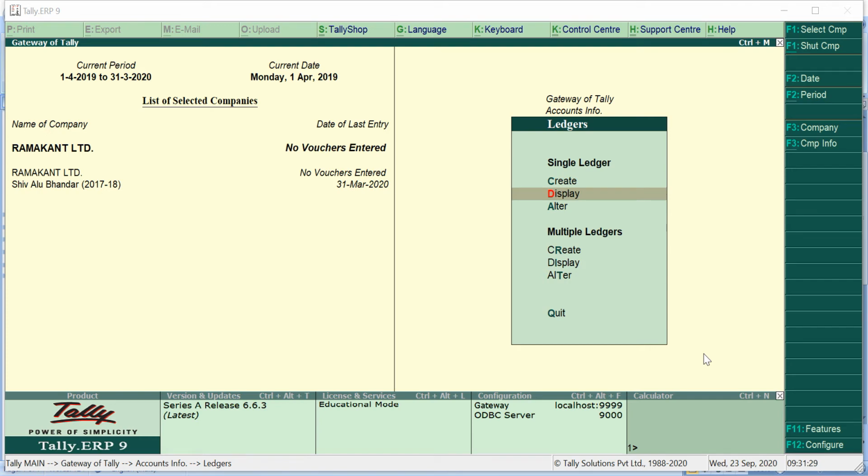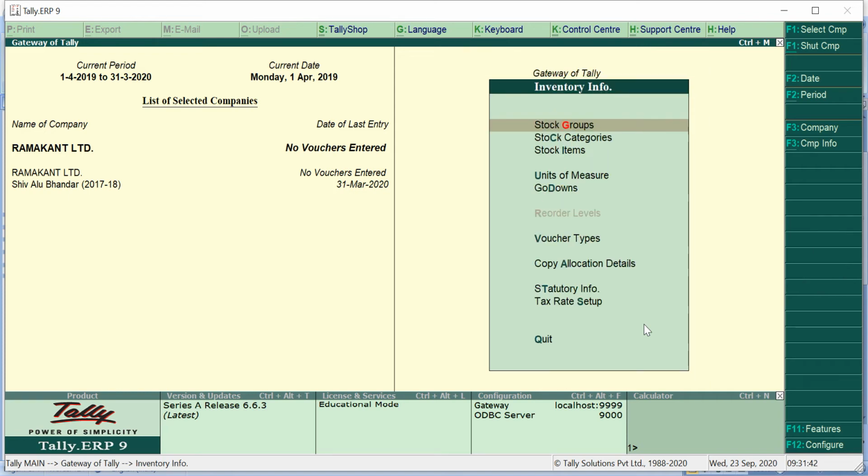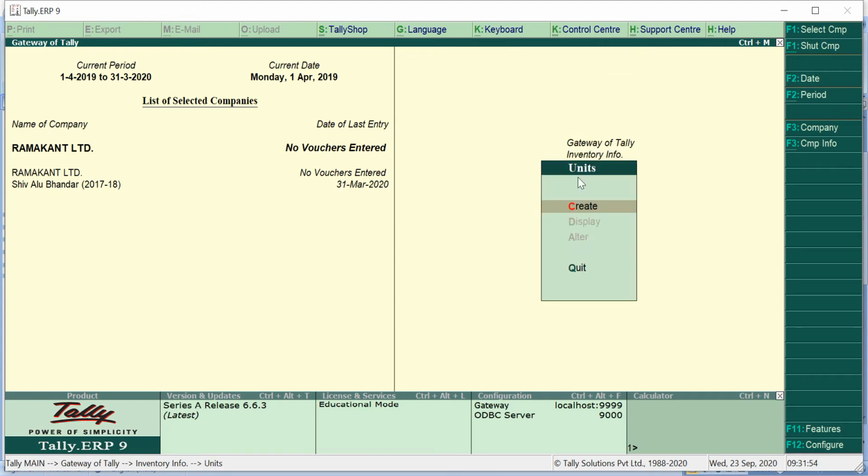Let us go back to main screen, and now we are entering the second option of inventory info. Here is a mini screen. We don't have a go downs anywhere, but we do have units of measurement.